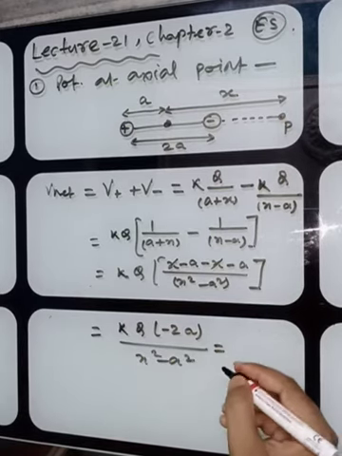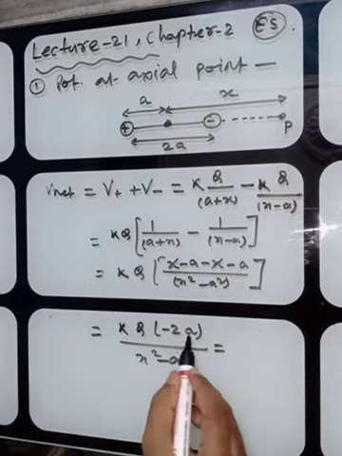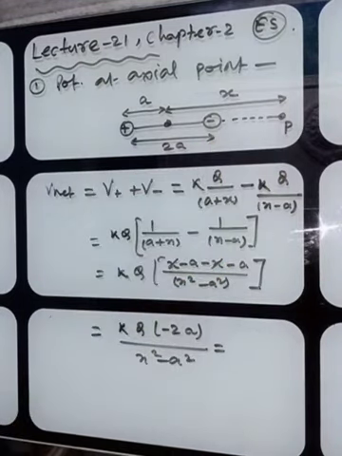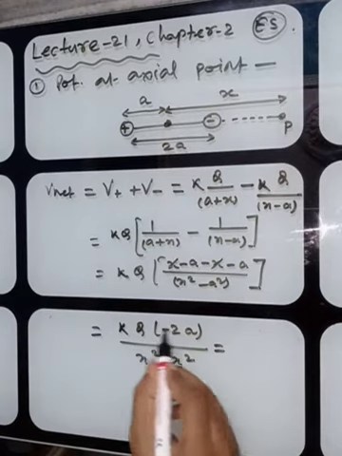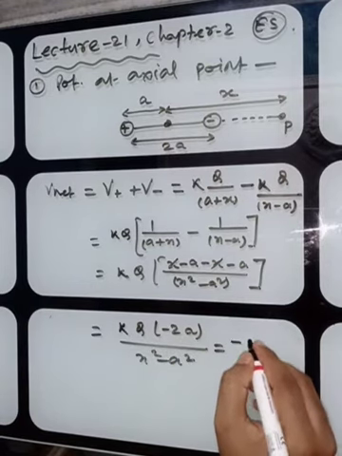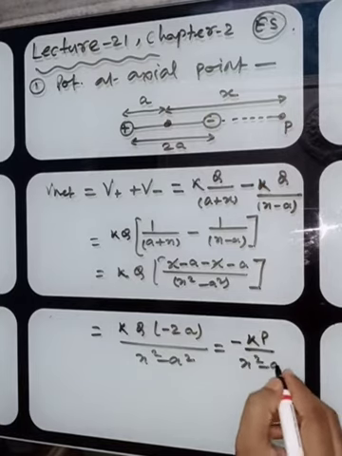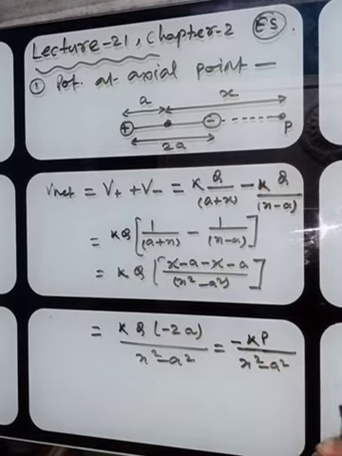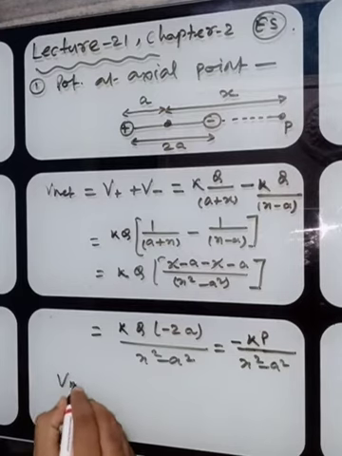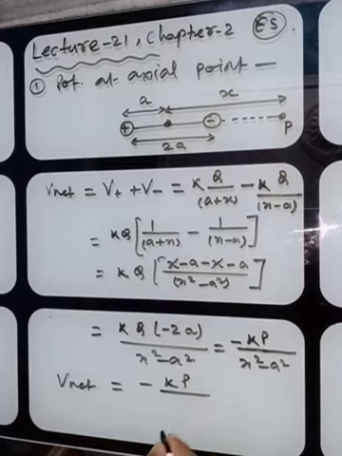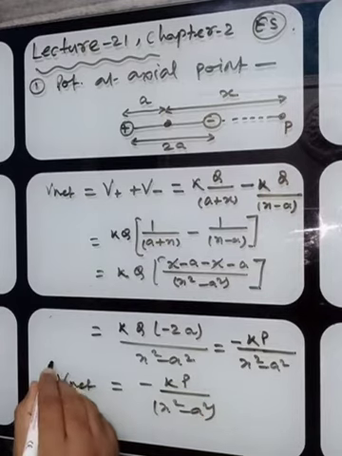This 2a is the dipole length, so q times dipole length is the p. So minus k p by x square minus a square. This is the V net, minus kp by x square minus a square.